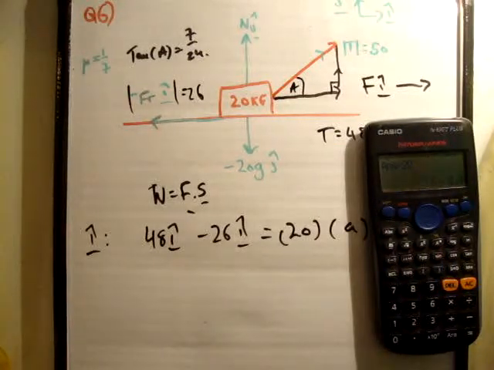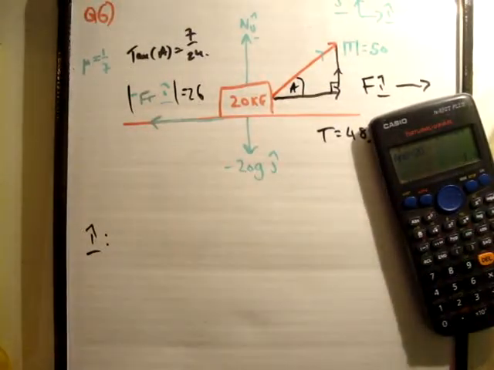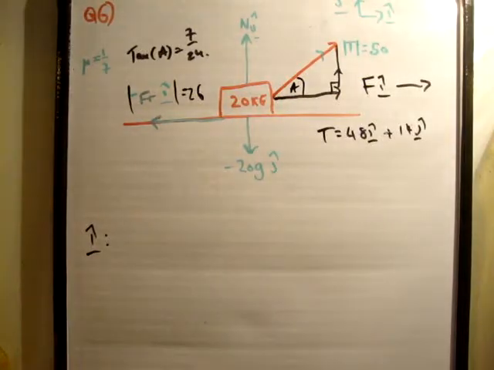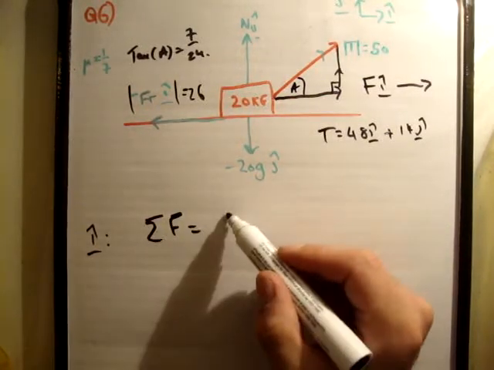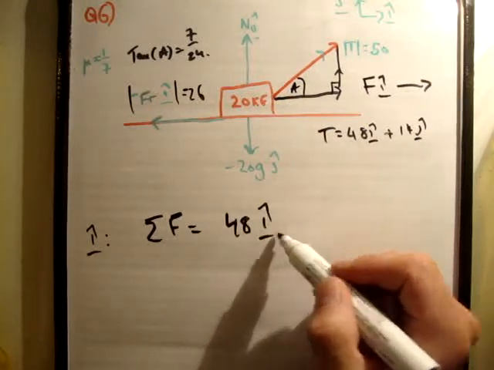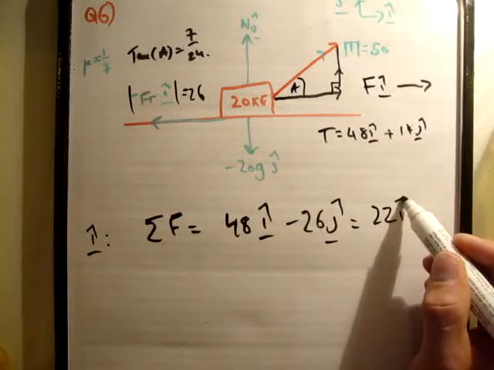Alright, so now we have the acceleration. But we want to work out the overall net result of this force. So the net force is equal to 48 i hat minus 26 i hat, which is equal to 22 i hat.